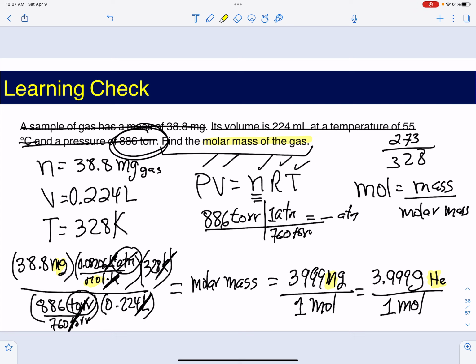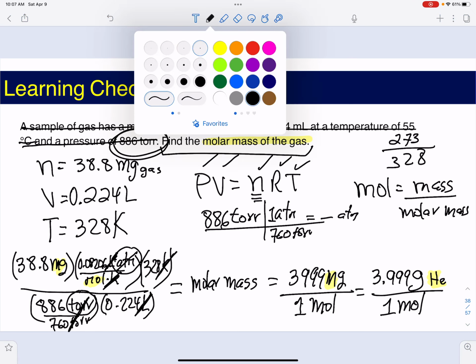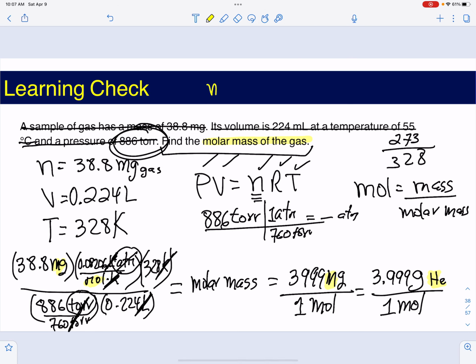So that's how we can use the ideal gas law to even go further and allow us to find molar mass by knowing that mole is nothing more than mass divided by molar mass. So we are expanding the formula a little bit more.